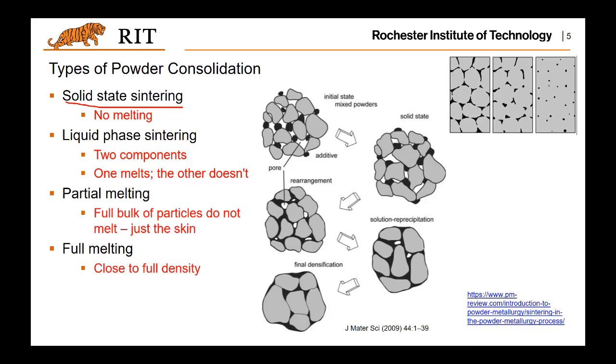As you can see here, from solid state sintering towards full melting, the particle adhesion becomes larger and larger, but as a result, it requires higher and higher energy.